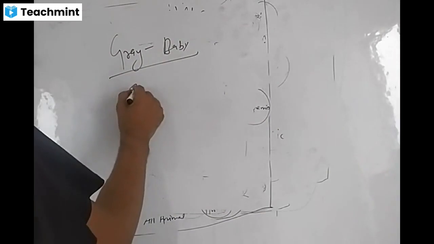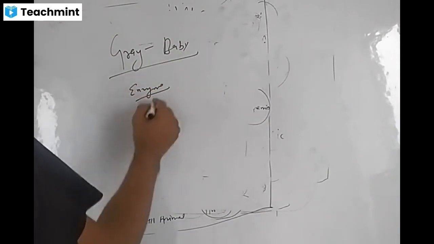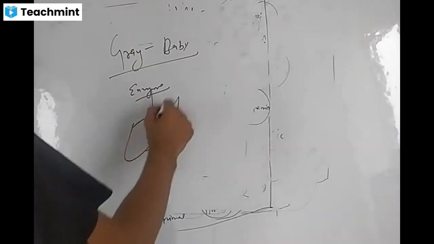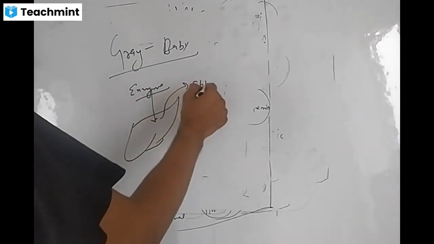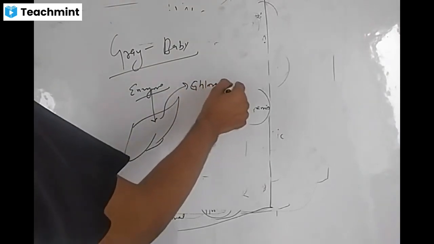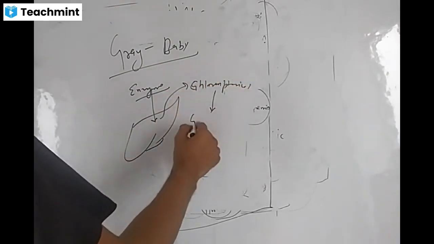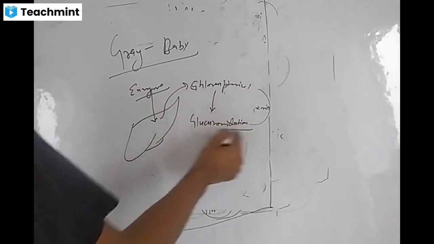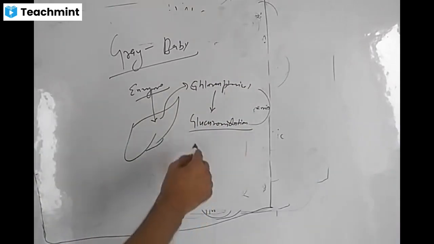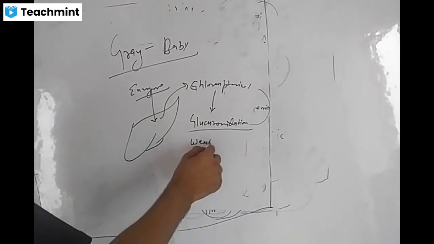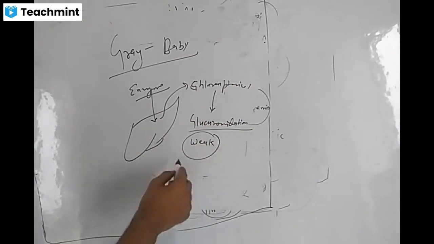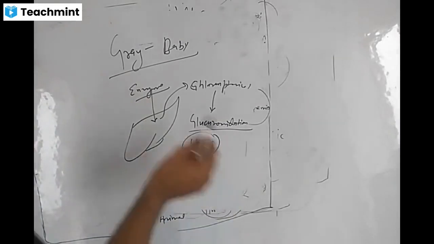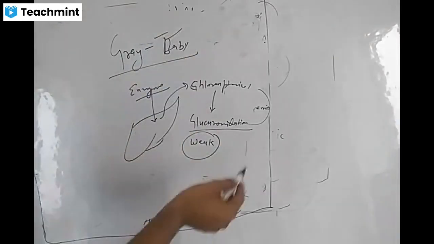The liver contains an enzyme which metabolizes chloramphenicol, that is by the pathway glucuronidation. So in a human infant or neonate, this system is not developed well, it is weak. That may lead to accumulation of the chloramphenicol molecule that may cause gray baby syndrome.